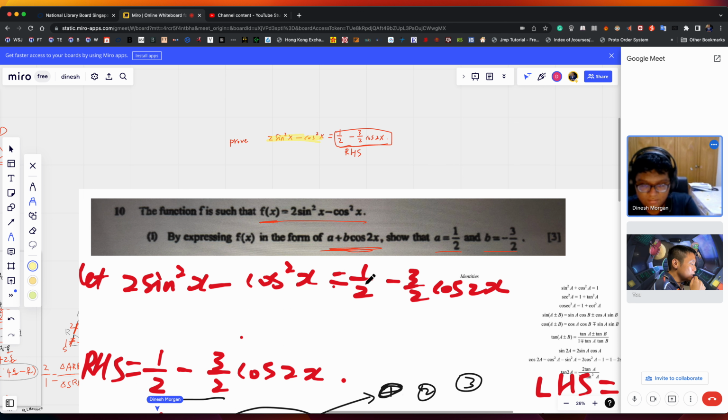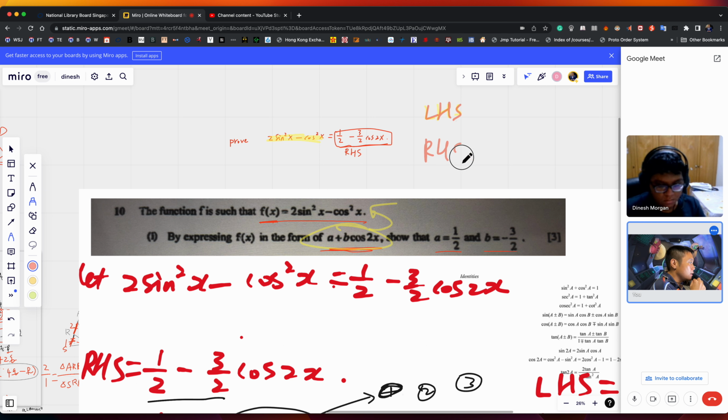So I will say for some of the proving questions, it's really hard to get it into this format. Without doing something to the left, without doing something to the right, is really hard. So the approach I want you to learn here is you can do something to the left hand side and the right hand side.